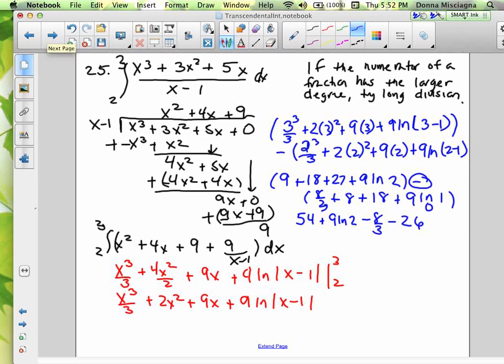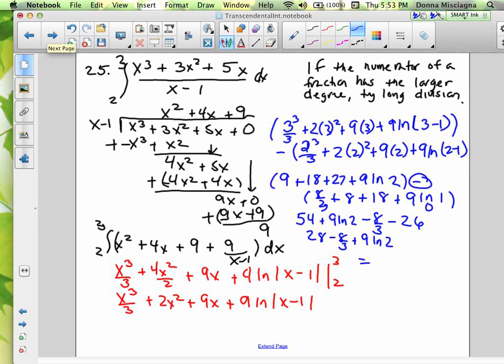We're subtracting that part. 54 minus 26 is going to be 28. So 28 and minus 8/3 plus 9 natural log of 2 equals, all right, so 28 is, I have no calculator over here.